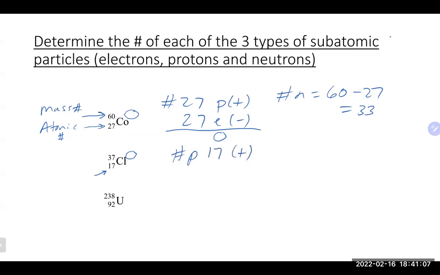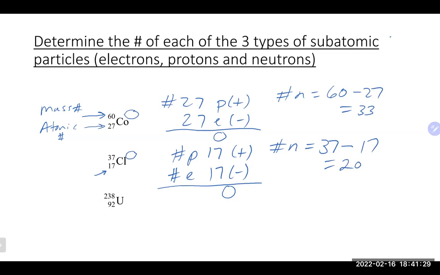Again, because it is neutral here, it should have an equal number of electrons, which would be 17. And again, adding those together gives us an overall charge of 0. That leaves us our neutrons, which again, we should take our mass number, which is 37 in this case, minus our atomic number, which is 17. Looks like a 20 in that case. Any questions on that one there?